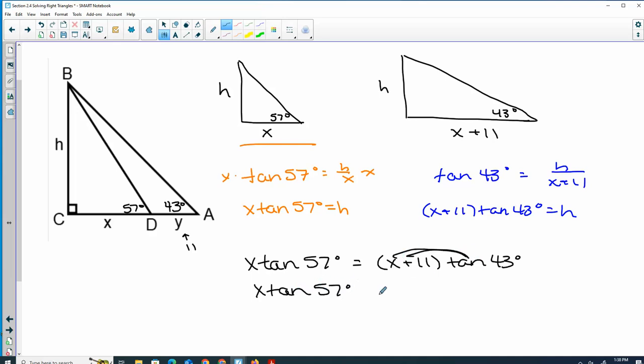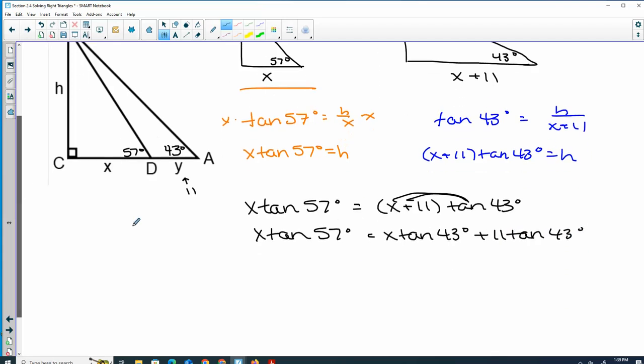Distribute the tangent of 43 across X plus 11. Then we have both terms with X on the same side, so we subtract that over.